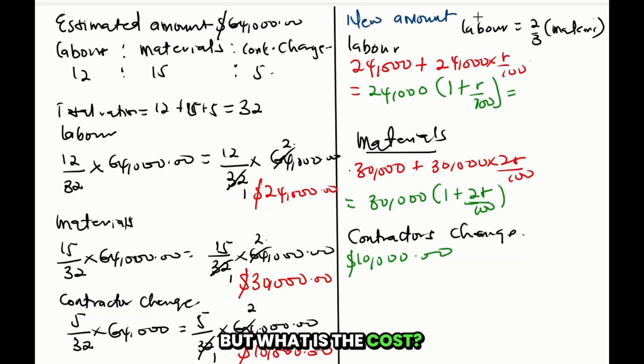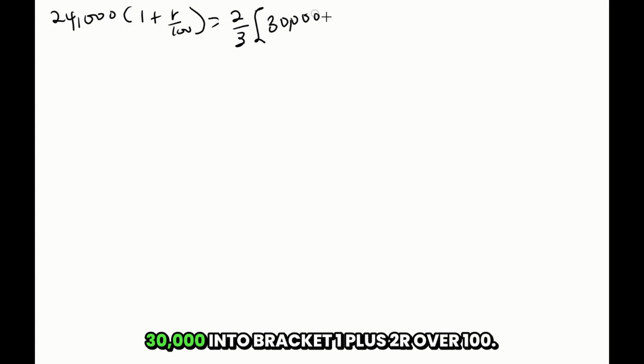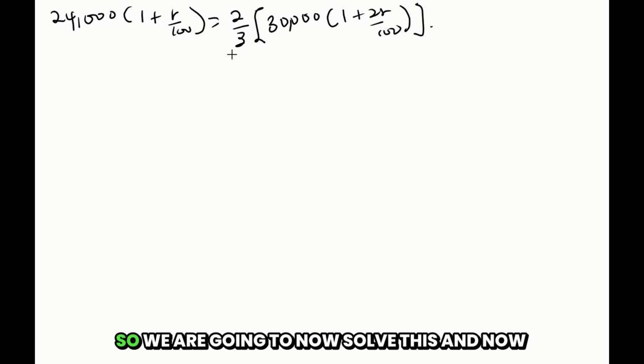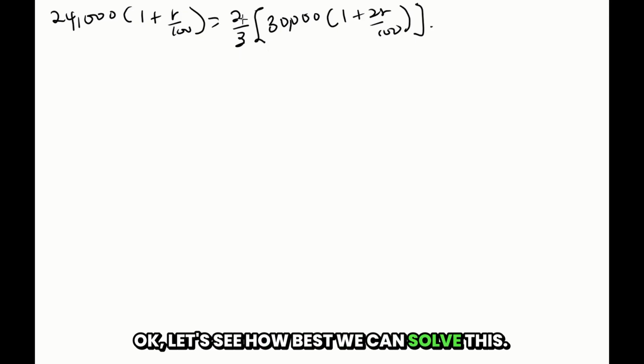But what is the new price for materials? 30,000 into bracket 1 plus 2R over 100. So we are going to now solve this and find our R. Let's see how best we can solve this.